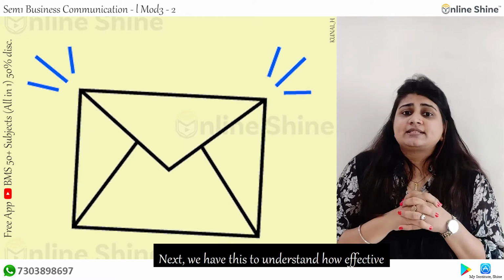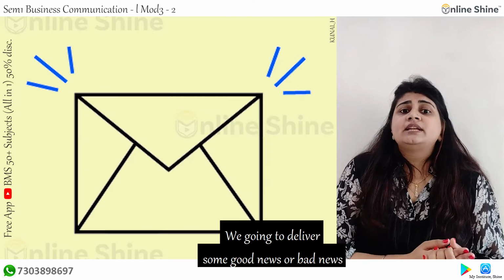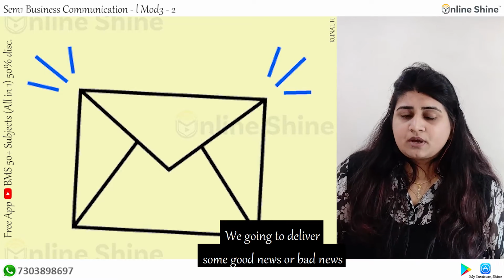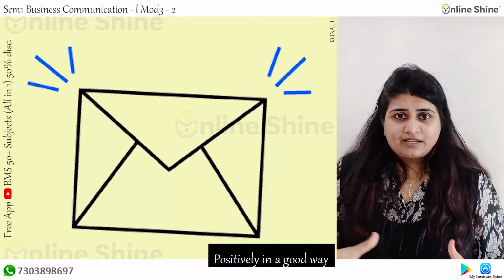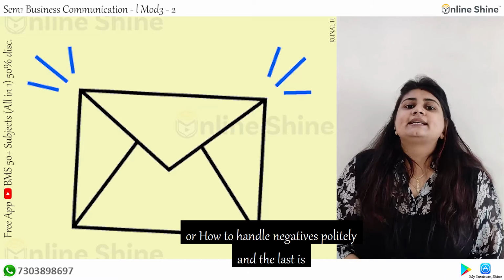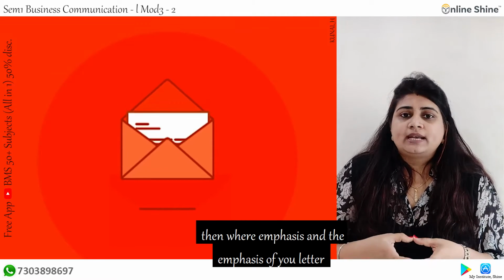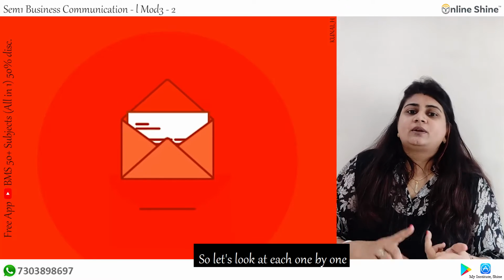Next, understand how effectively we can deliver some bad news positively, or how to handle negatives politely. And the last is where the emphasis and de-emphasis of your letter should lay. Okay, so let's look at it one by one.